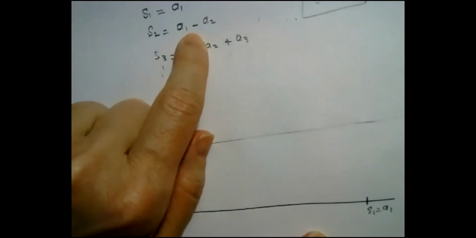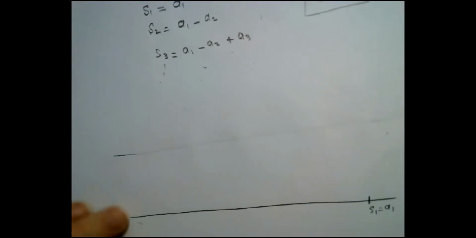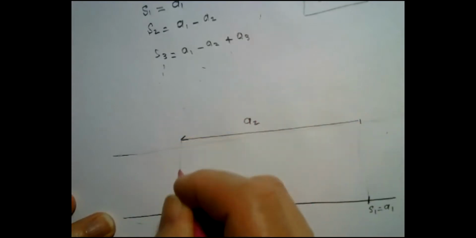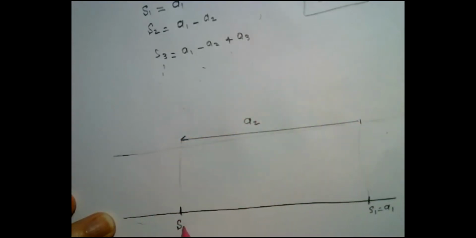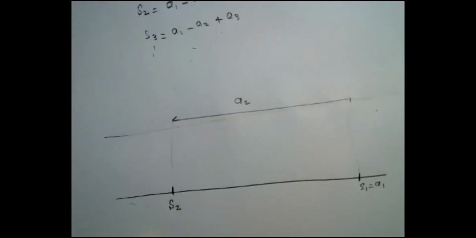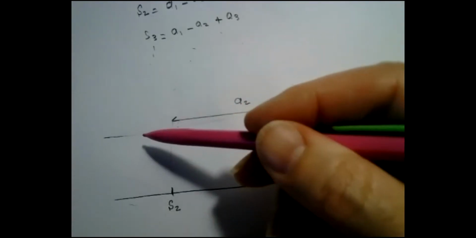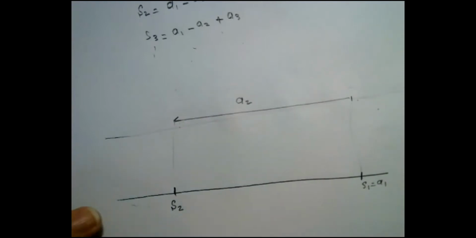It's a1, but I'm going to take away something from it. Suppose this is a2. So this is S2. Suppose S2 is 3; if I take 1 away from it, I'm going to go backward. So this is my S2.